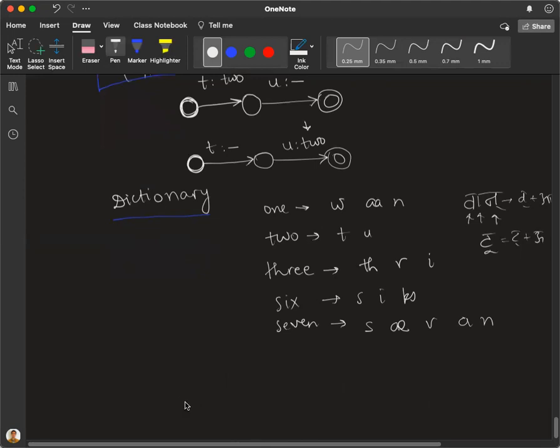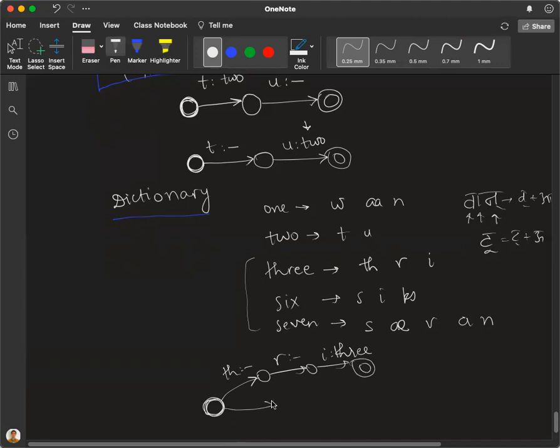Now, when you form your FST, it will be something like this. Let me take only these 3 examples for the sake of time. You have it like this, the output is nothing, here it is 3, and then the final state.